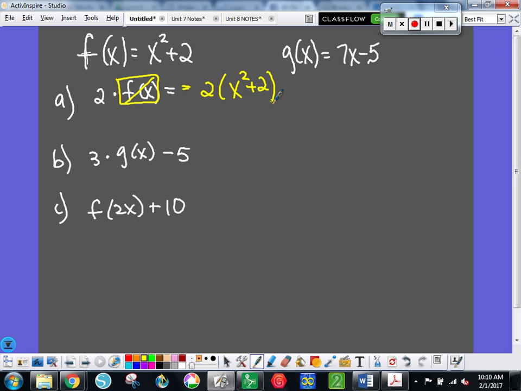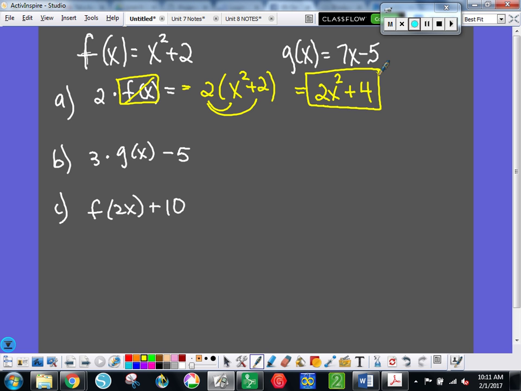So this time, am I inputting the 2 in here? No, it's different. I'm multiplying the 2 by the function. If I were to distribute that, it would be 2x squared plus 4. Questions with that one? Do you see the difference? It's not an input, it's just a multiplier.